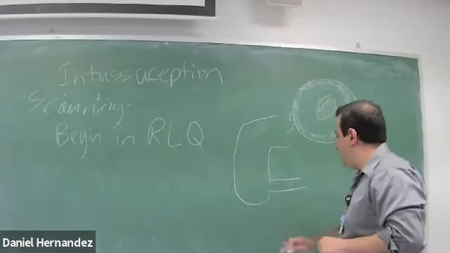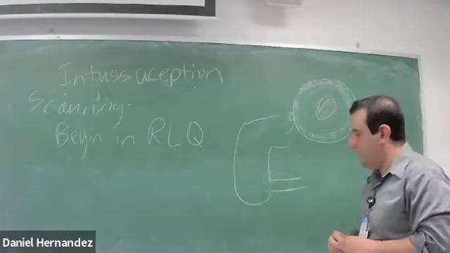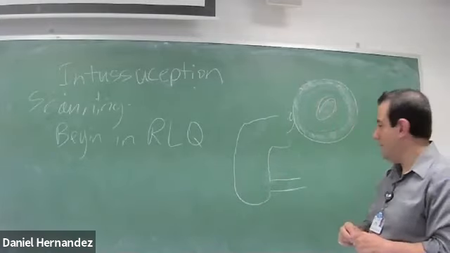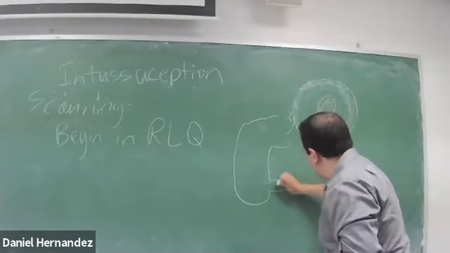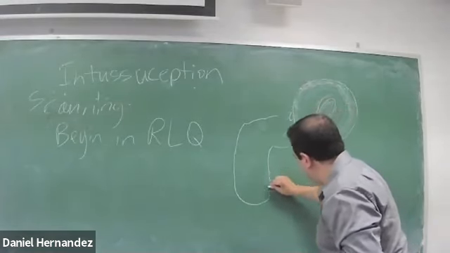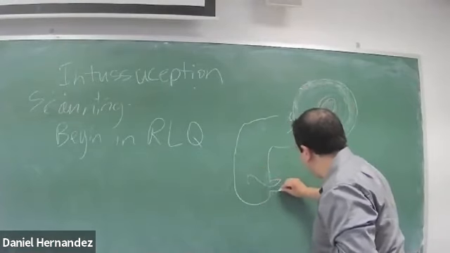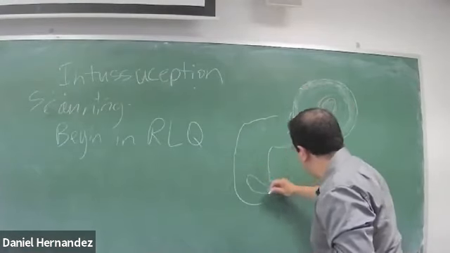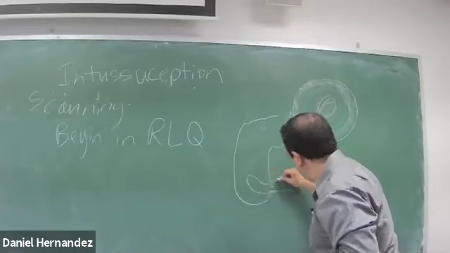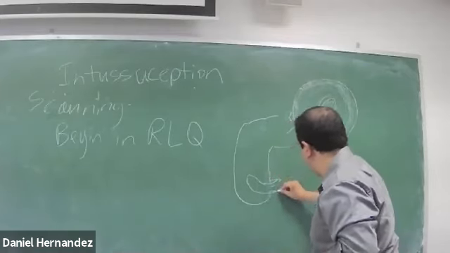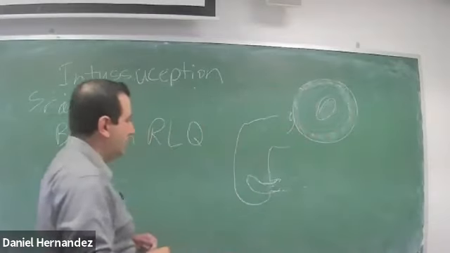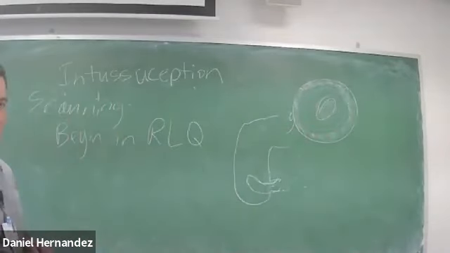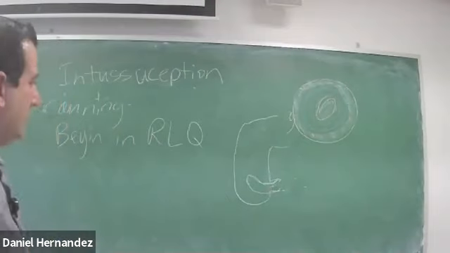A common site for an intussusception would be an ileocecal intussusception, where the terminal ileum will telescope into the cecum. So you can get a telescoping of that terminal ileum into the base of the cecum there. So we like to begin in the right lower quadrant.